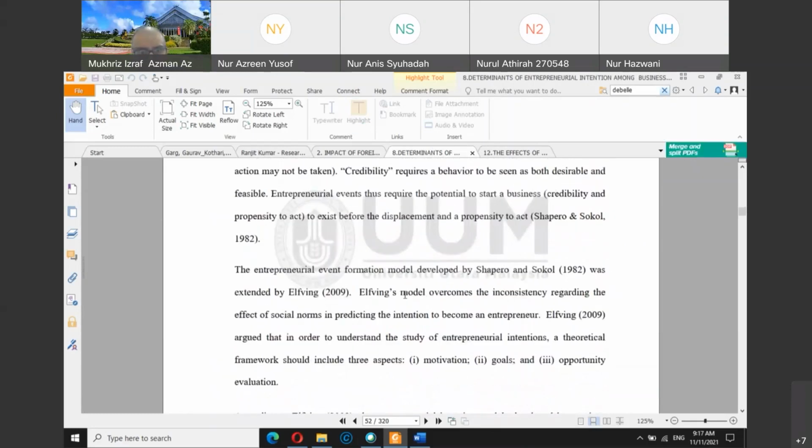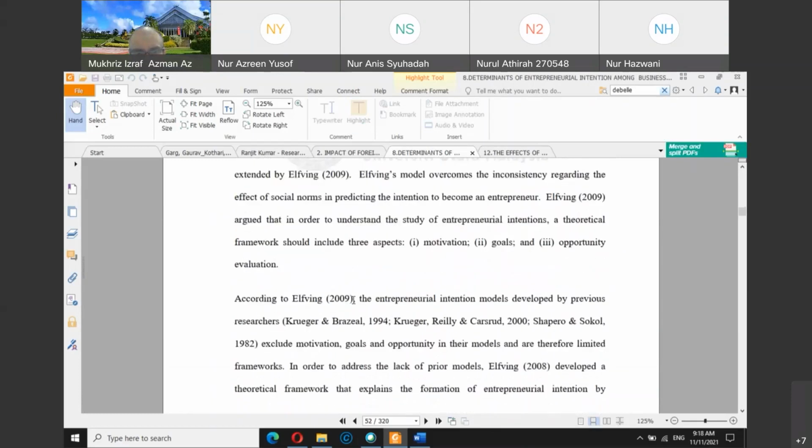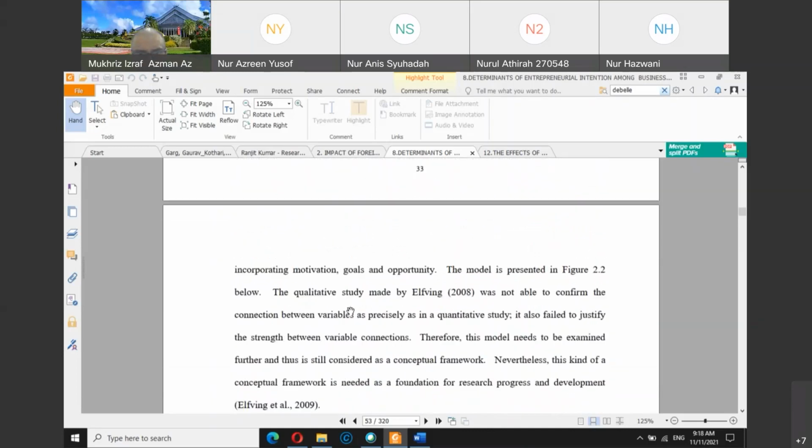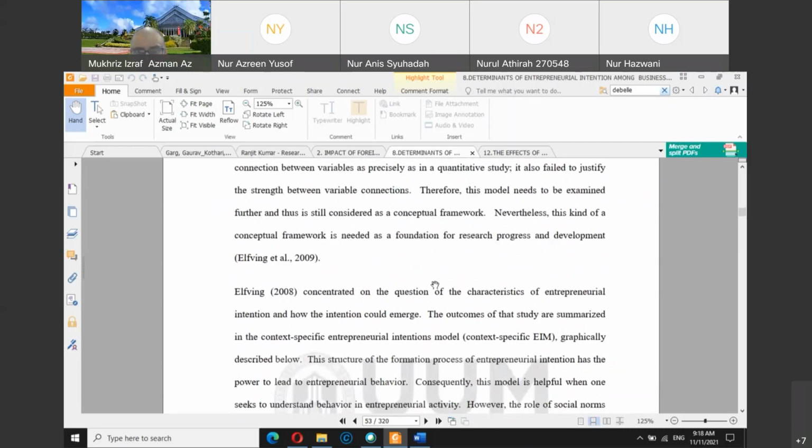Okay, so this one, there are even more articles. You can see here. Let's find an easier one. Yeah, this one. Nevertheless, this kind of conceptual framework is needed as foundation for research progress and development.